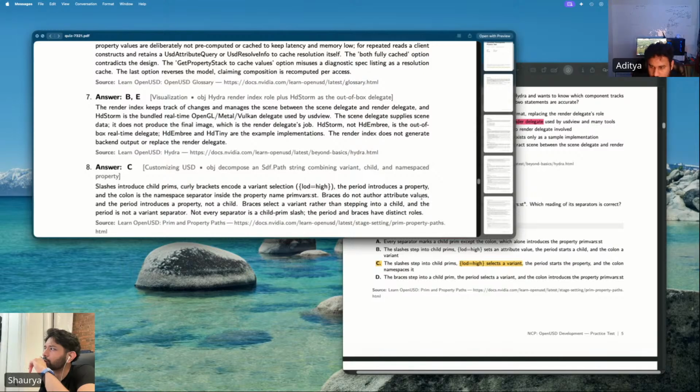Braces do not author attribute values, and the period introduces a property, not a child. Braces select a variant rather than stepping into a child, and the period is not a variant separator. Not every separator is a child prim slash; the period and brace have distinct roles.